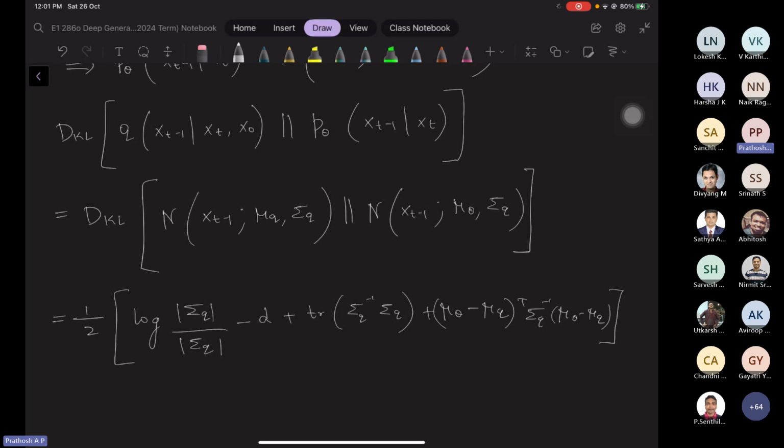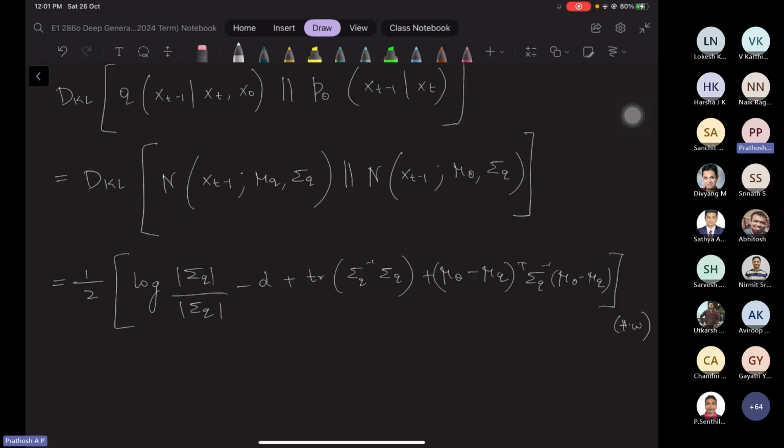You can take this as homework: show that the KL divergence between two Gaussian distributions can be computed this way.